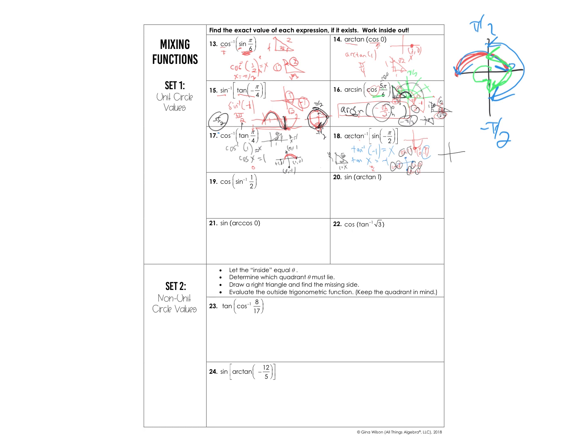So I have to draw my quadrants and say, well, where is tangent negative? Tangent is negative in quadrant 2 and quadrant 4. The one I want is the one in quadrant 4 because of the restriction of arctangent.